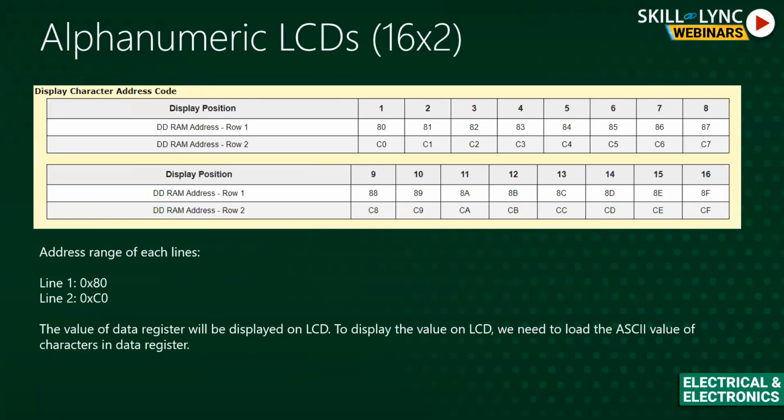Line 1 starts with the value 80, 81, 82, 83, and goes till 87. Line 2 starts from C0, C1, till C7. So this is the address range for LCD line 1 and line 2. Similarly, we have the address range for the 20 cross 4 LCD as well.